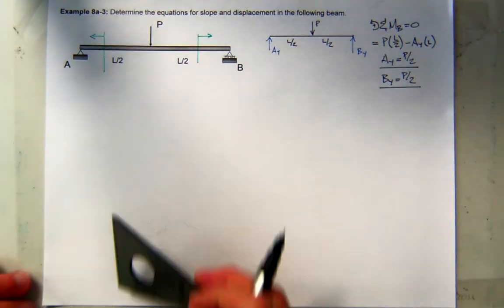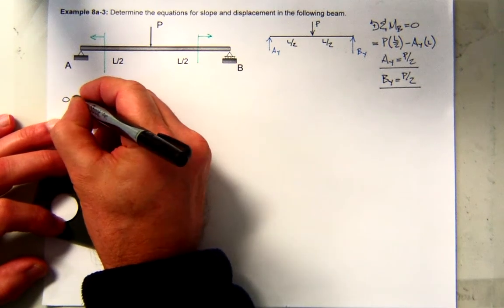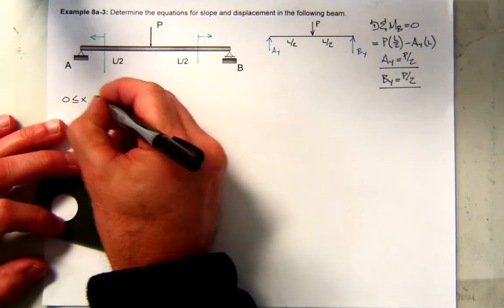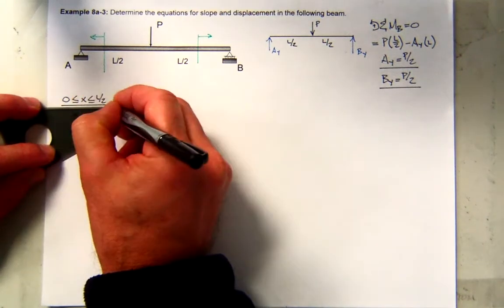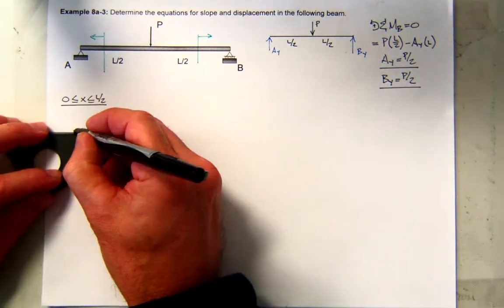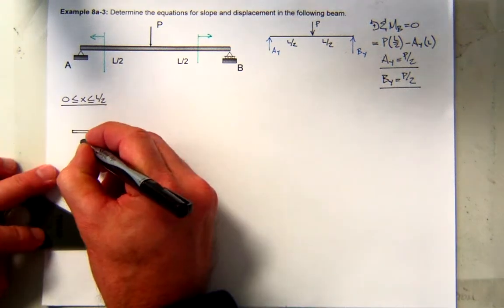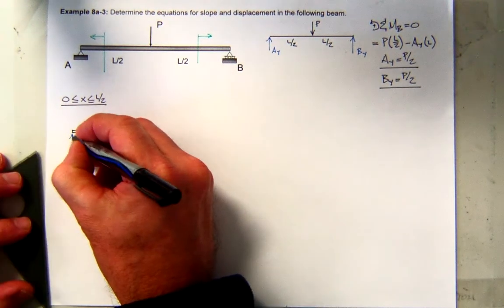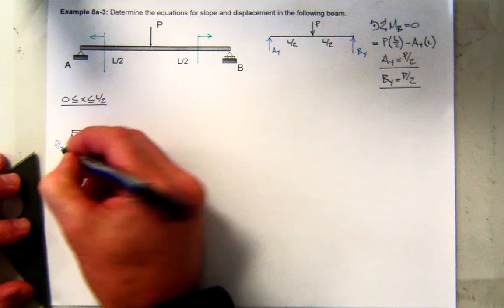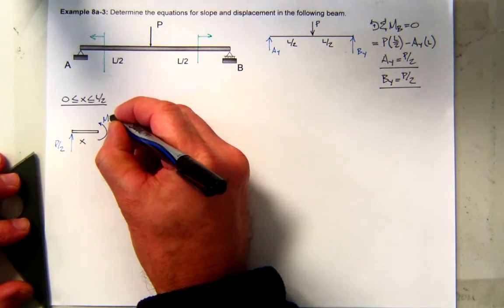We are going to have some challenges here. So let's start with the expressions when x is between 0 and L over 2. If I look at that free body, there it is. It's a length L, and my reaction is P over 2. Right now I'm only really interested in my moment.